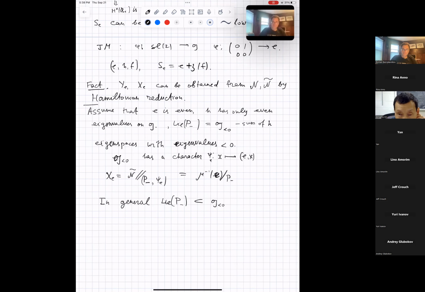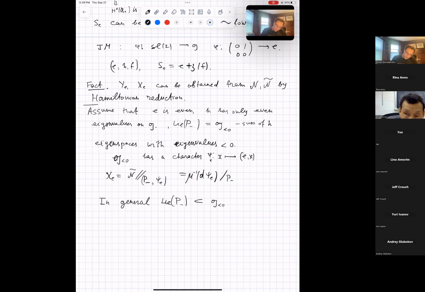Yes, mu is the moment map, and I take the preimage of your character, so of psi_E. Yes, I understand. Okay, thank you.